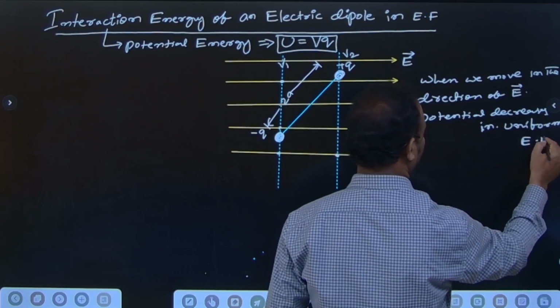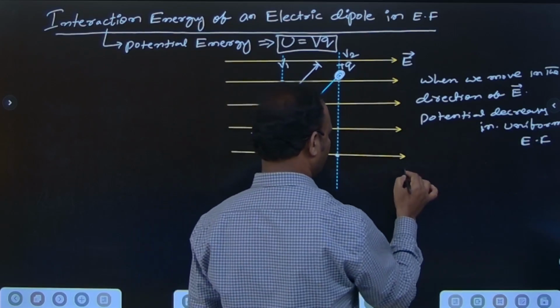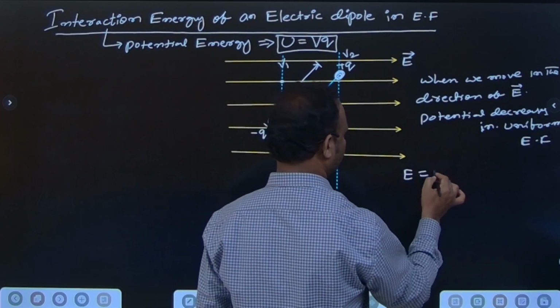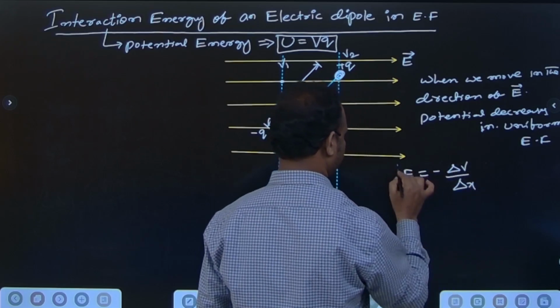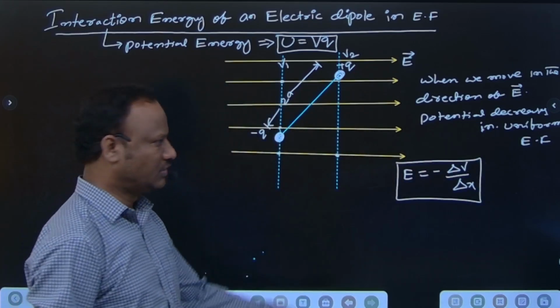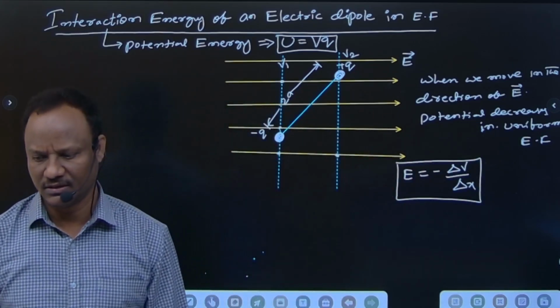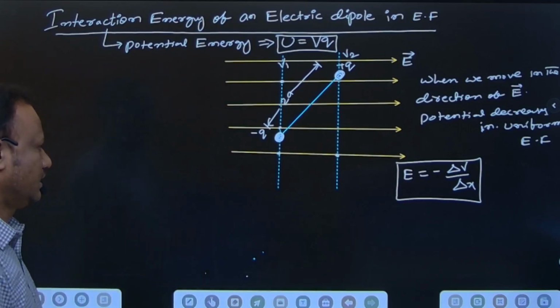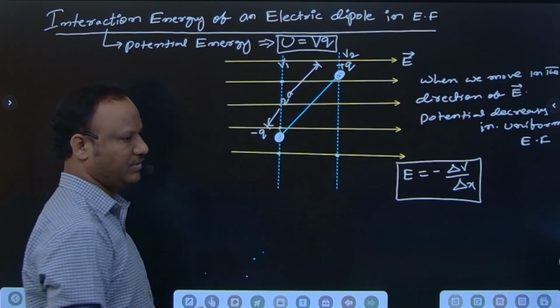E is equal to minus delta V by delta X is the relation between these two. The negative sign indicates that as we move in the direction of the electric field, the potential decreases. So V2 is smaller than V1.